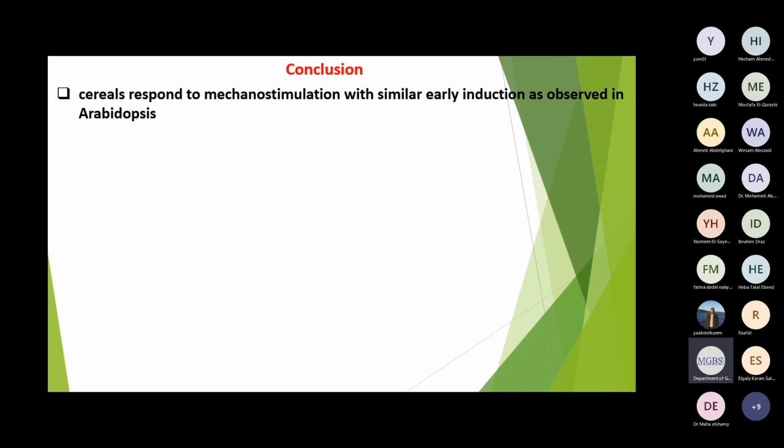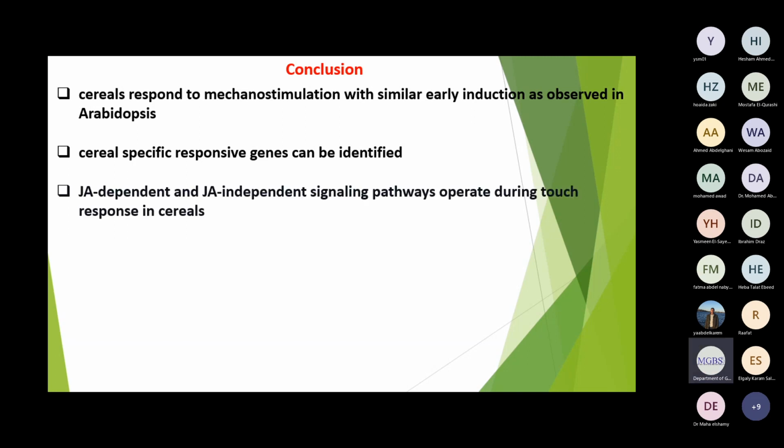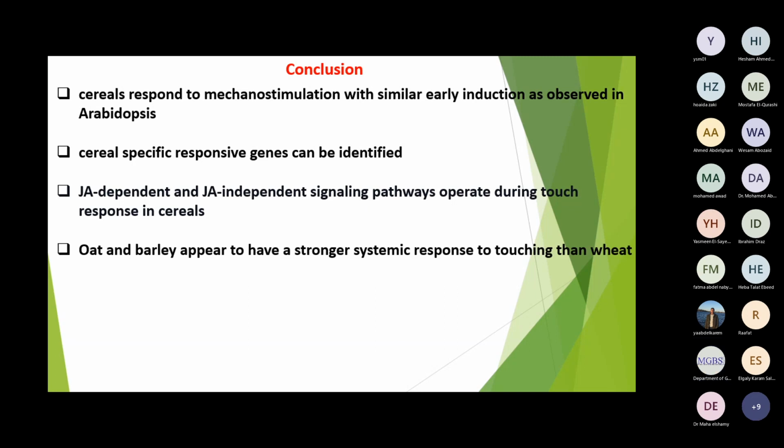They both respond as early as each other. Second, we can identify cereal specific responsive genes that do not exist in Arabidopsis. Also, jasmonic acid dependent and independent signaling pathways operate during touch response in cereal.